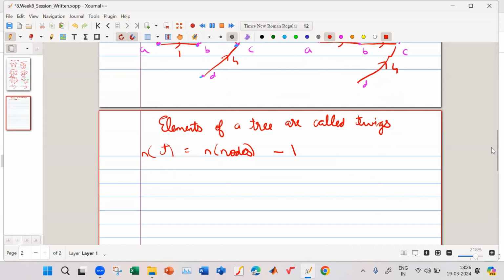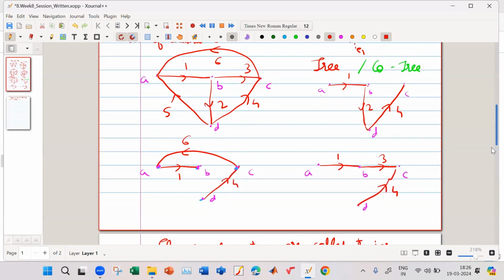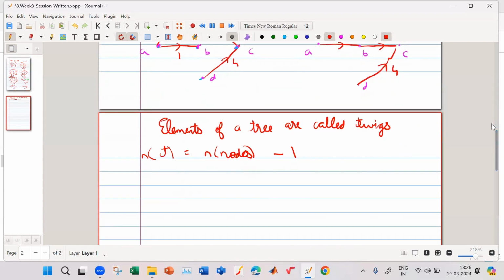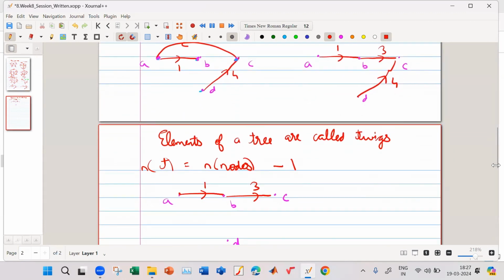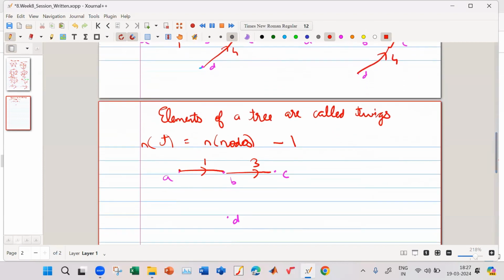Let us consider a tree. I take one tree: A, B, C, D. Okay.